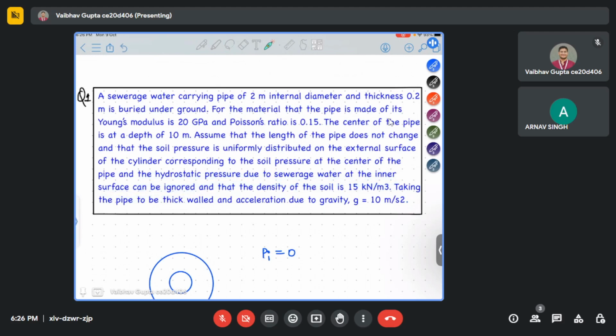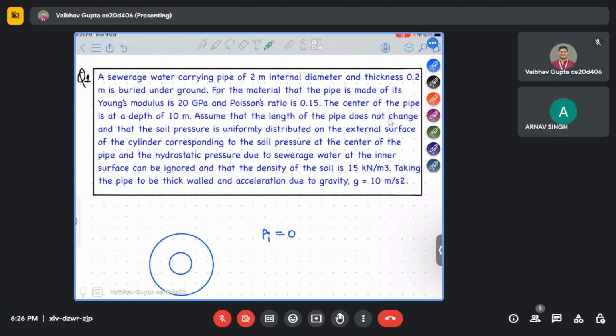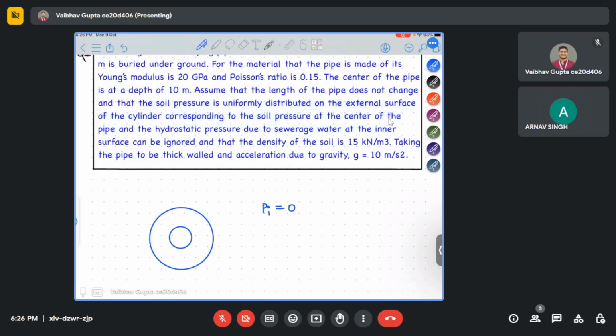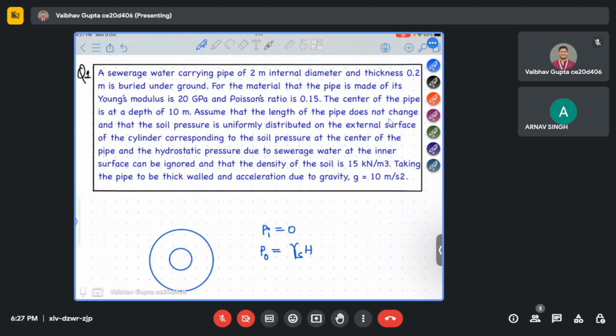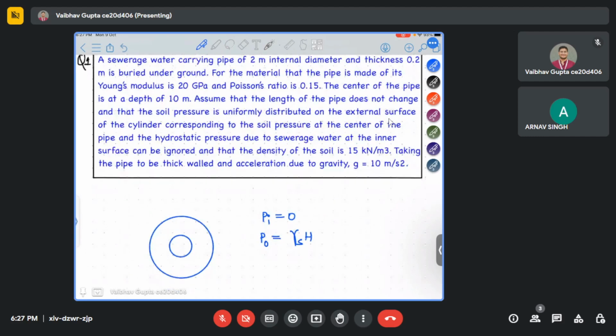Now coming to the external surface. The soil pressure is uniformly distributed on the external surface of the cylinder, corresponding to the soil pressure at the center of the pipe. So it means P external, or P naught, is equal to gamma s into H. Gamma s is the density, and it is uniformly applied along the length. H is nothing but the depth.